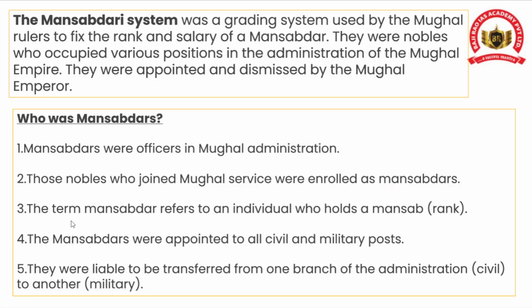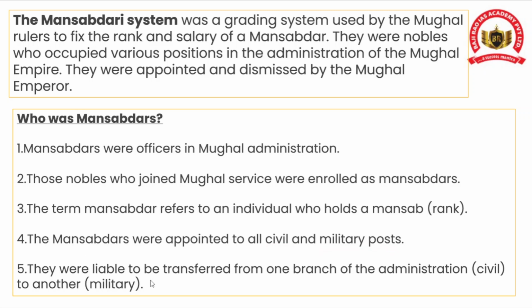The term Mansabdar refers to an individual who holds a Mansab, otherwise called a rank. Mansabdars were appointed to all civil and military positions. There was no separation that Mansabdars belonged only to civil or only to military administration.